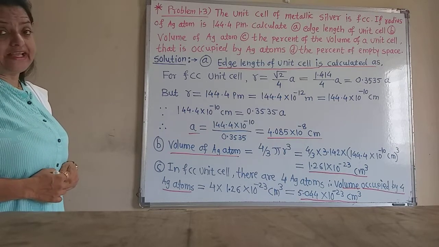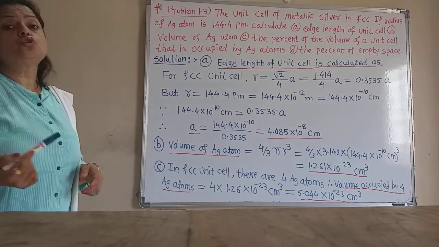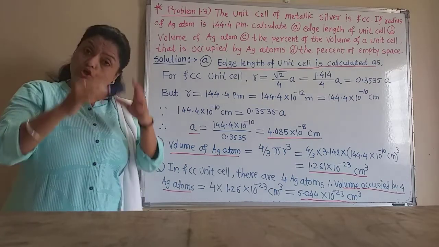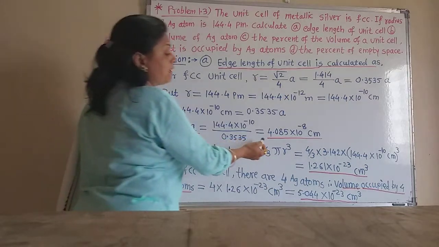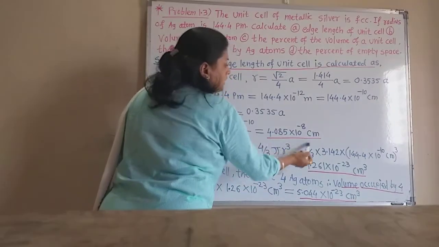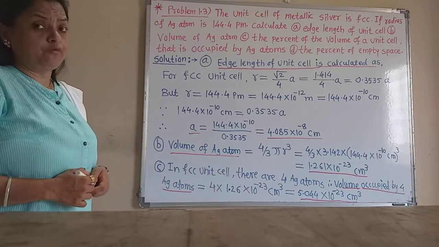Now first calculate the volume of the silver atom. We have to calculate the volume of the total unit cell, that is a cube, and that can be obtained by taking the cube of this value, that is the total volume of the unit cell.